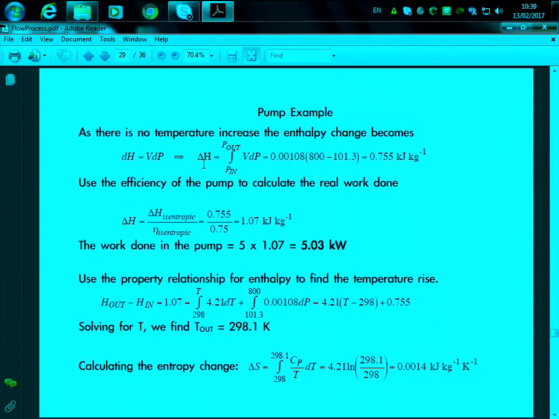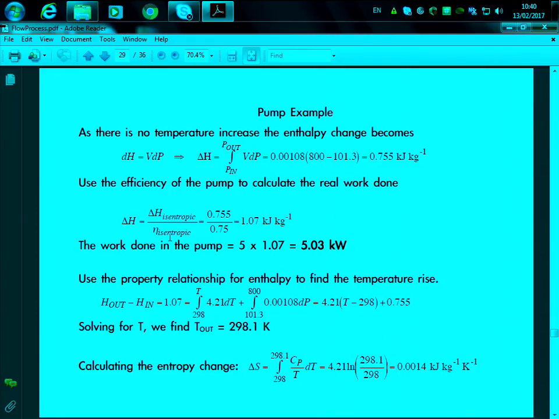So let's calculate the real work done. In this case, we take the enthalpy over the isentropic efficiency, and that will be the real enthalpy for our system. So the work of the pump will be the mass times the enthalpy, the energy balance, and that will give us 5.03 kilowatts.